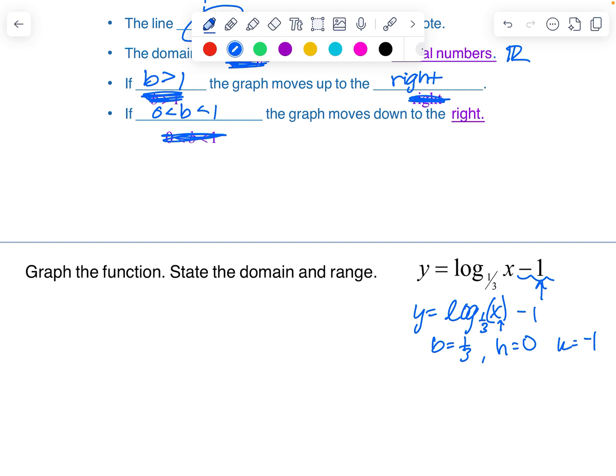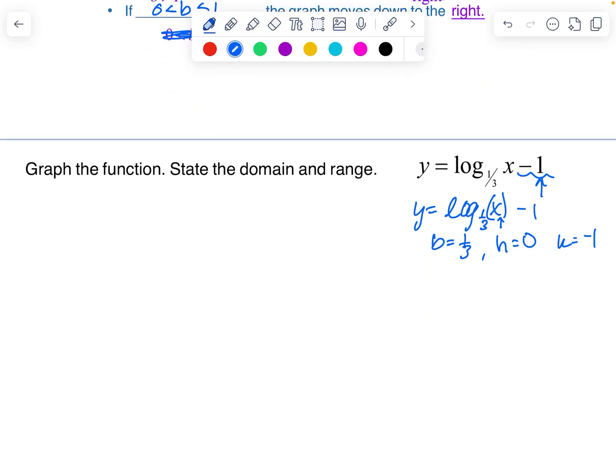All right, and we're going to follow 4 steps when we do these graphing problems. I would make sure to write all of these down because we're going to do this every time for this lesson. Step 1, when we graph, we're going to identify the vertical asymptote, which we already wrote down is the line x equals h.